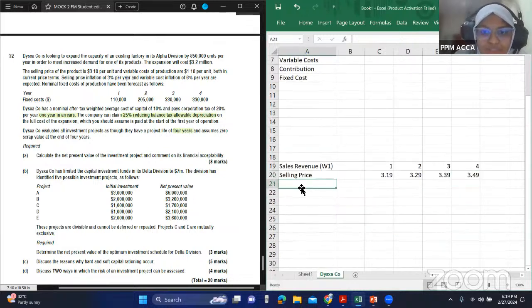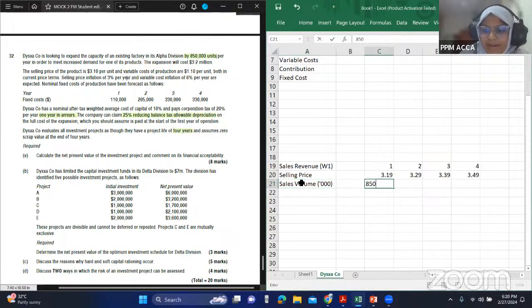So now if you want the total sales revenue, you have to multiply this by the number of units that you sell. Okay. So they say here that we are trying to expand the capacity by 850,000 units. Okay. We are trying to increase capacity by 850,000 units. So the sales volume, okay, let's do it in thousands.